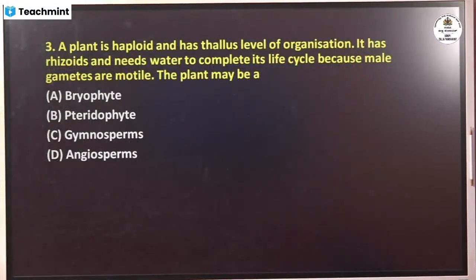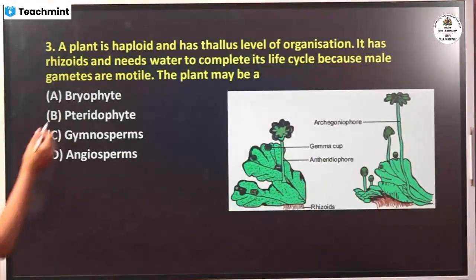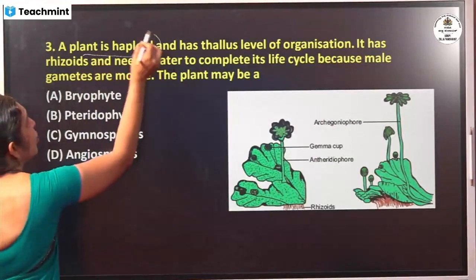A plant is haploid and has thallus level of organization. It has rhizoids and needs water to complete its life cycle because male gametes are motile. The plant may be a bryophyte, a pteridophyte, gymnosperm, angiosperm. So here, the plant is a haploid.